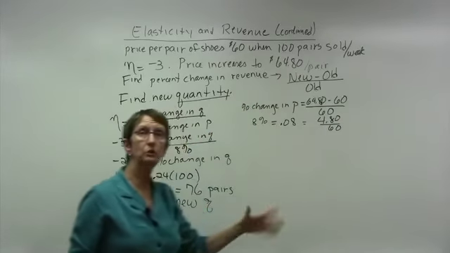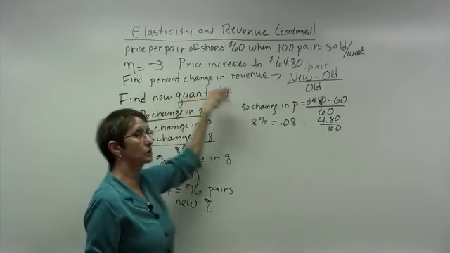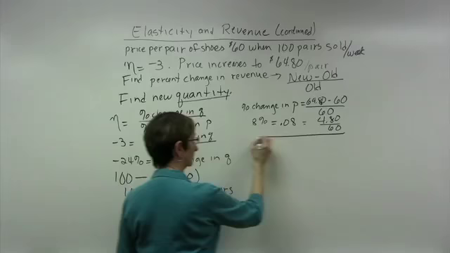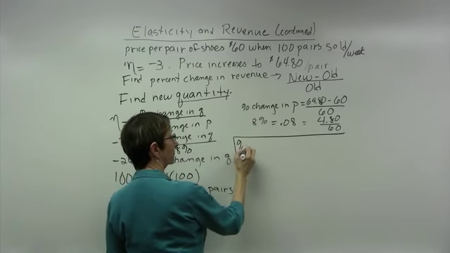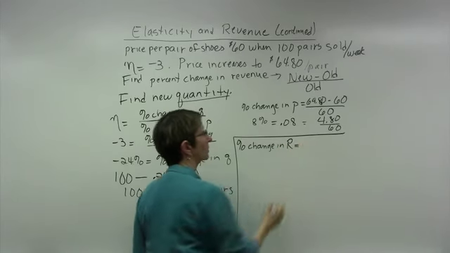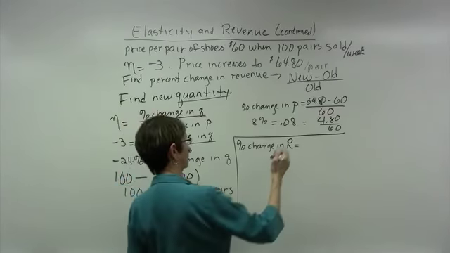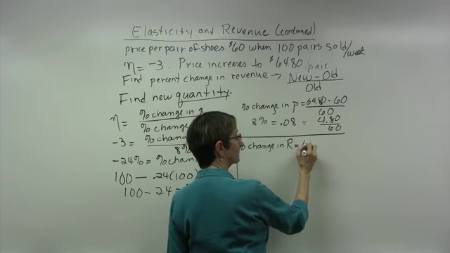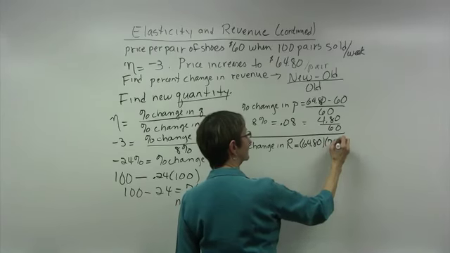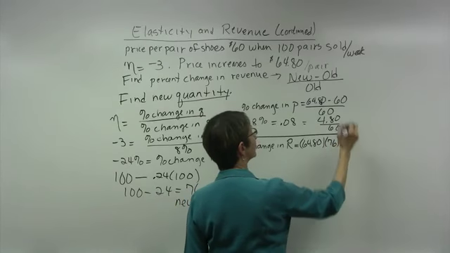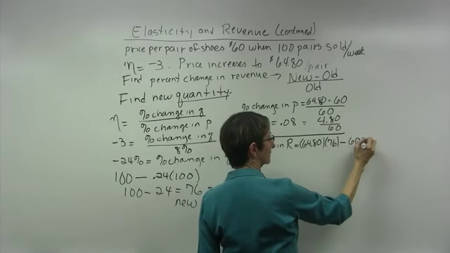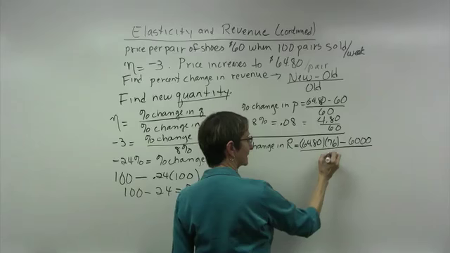Now I can find my new revenue and answer the question that says find the percent change in revenue. So, percent change in revenue equals my new revenue, price of $64.80 multiplied times 76, minus 60 times 100, which is 6,000, over 6,000.